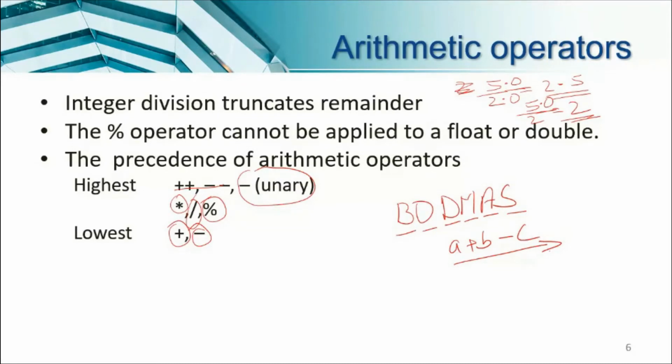So the first one is the precedence. The precedence means in which order the operators are to be performed, and the second one is the associativity. Associativity is again in which order it has to be performed, and it relates to operators of the same precedence. If two operators are of the same precedence, then which is to be done first.